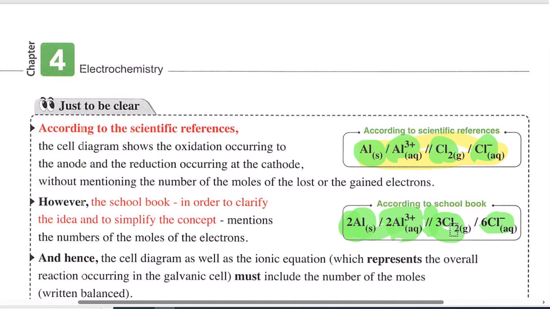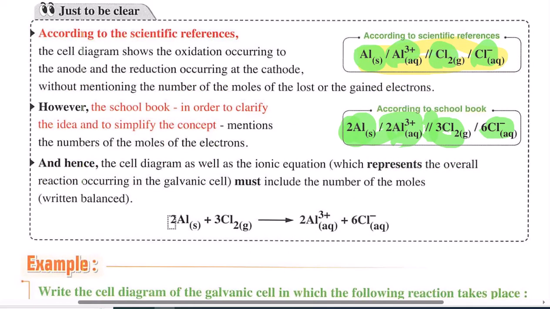So we have to keep in mind how to balance the diagram as well as the chemical equation. 2 aluminum solid plus 3 chlorine gives 2 aluminum positive 3 aqueous plus 6 chloride ions.